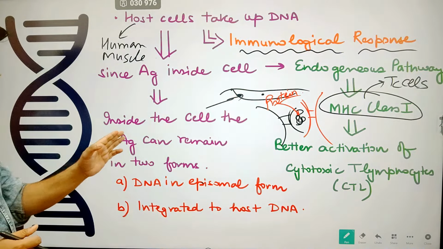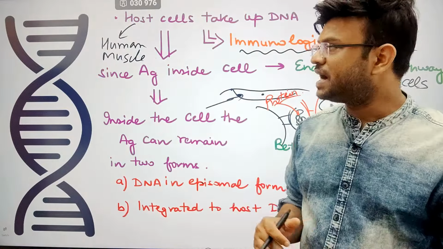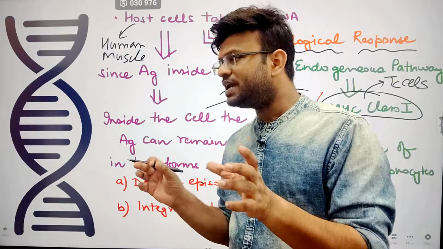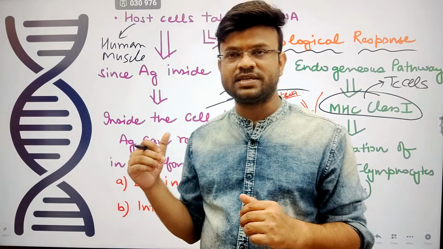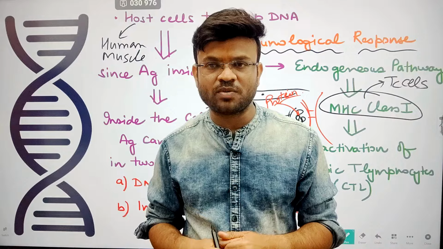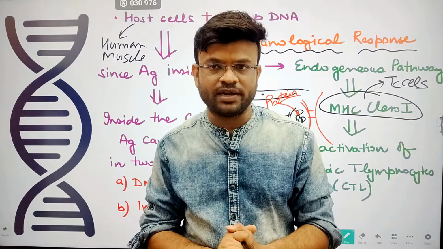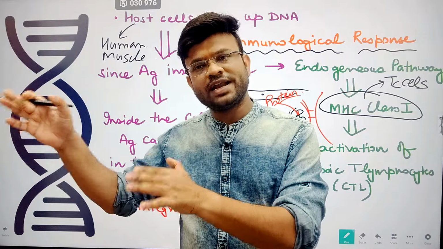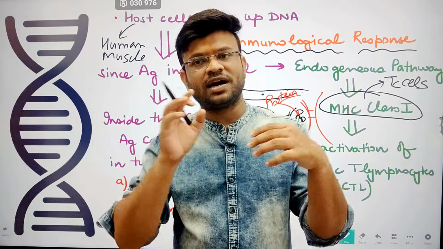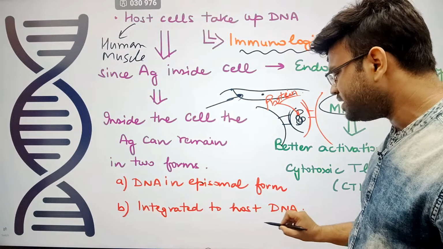Coming to the next thing, inside the cell the antigen can remain in two forms. Understand this, the DNA that you have inserted inside the muscle cell can remain there in two forms. What are the two forms? One way, it can integrate into the host chromosomal DNA.